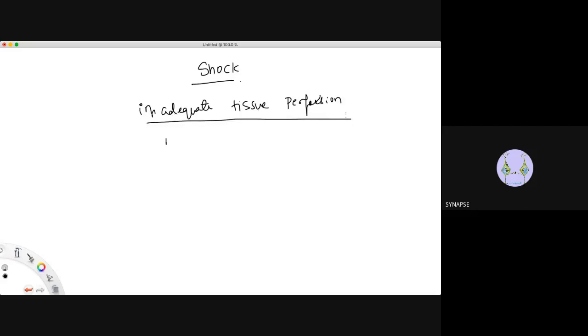So we'll look at the different classifications of shock. The one given in Harrison says there are 6 different types of shock. First one is hypovolemic shock, which is the most important one for our discussion. Next, we have anaphylactic shock.